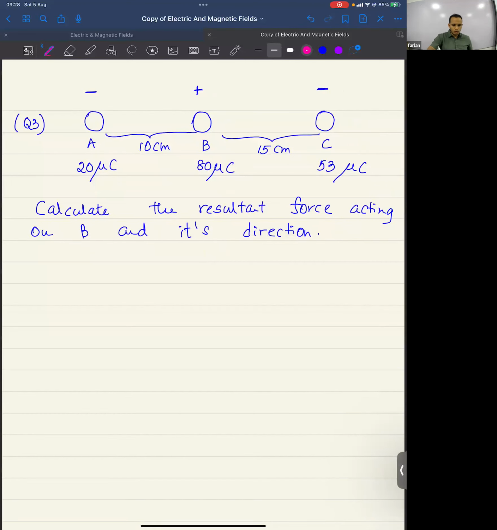Right, guys, I'll give you a small hint for you to start off. Now, since A and B are opposite charges, A will attract B this way. We'll take it FA. Again, since B and C are negative charges, C will attract B this way. Correct?